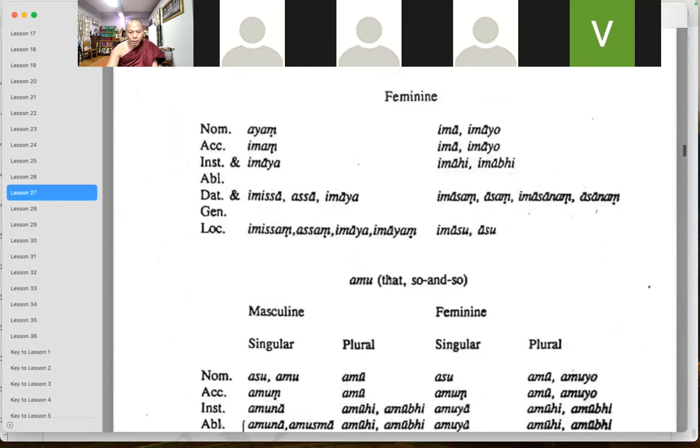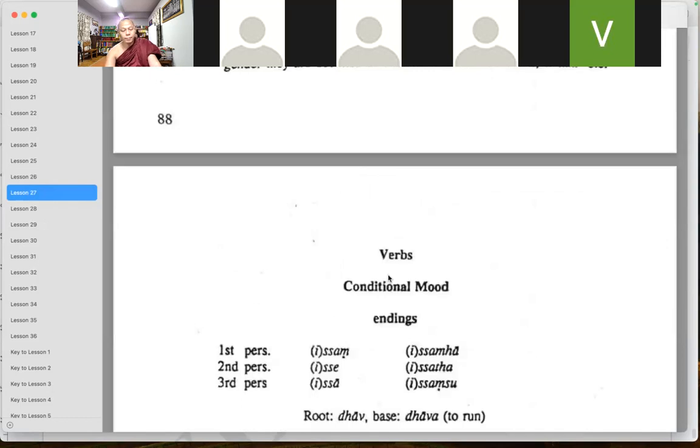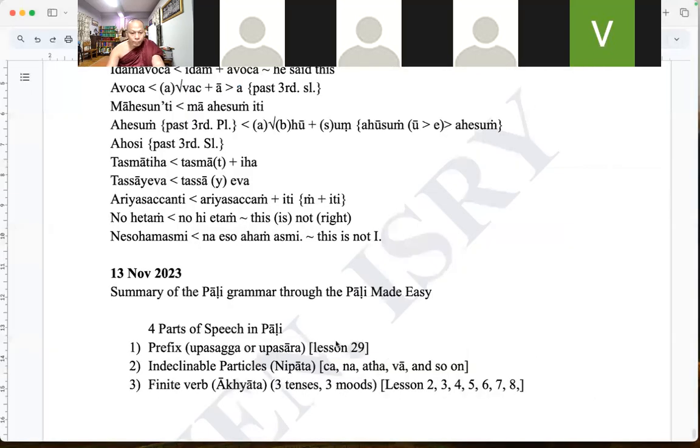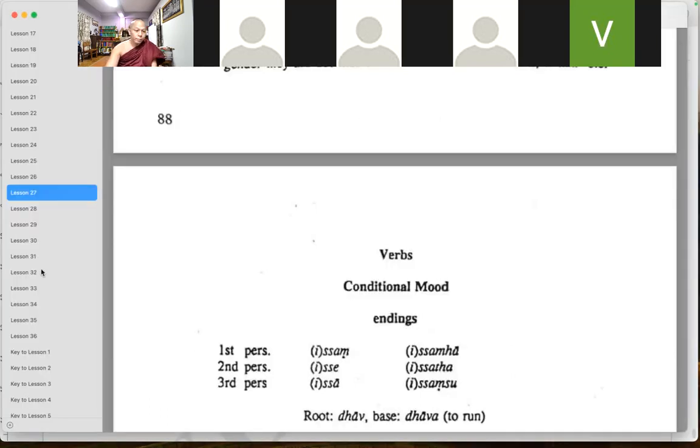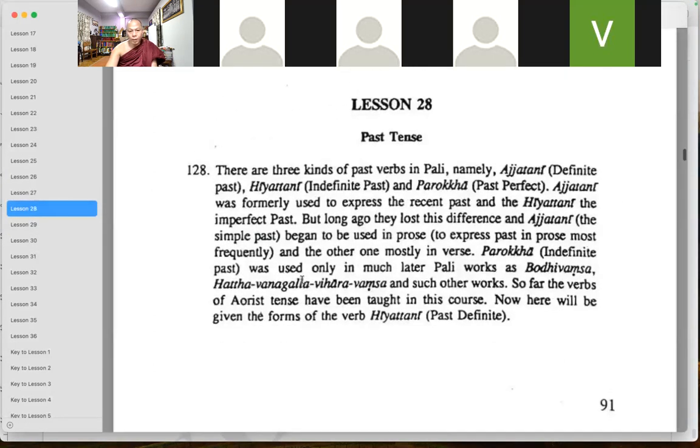Twenty-seven, not there. Yeah, so 27. So 27, and then in 28 also past tense. See?